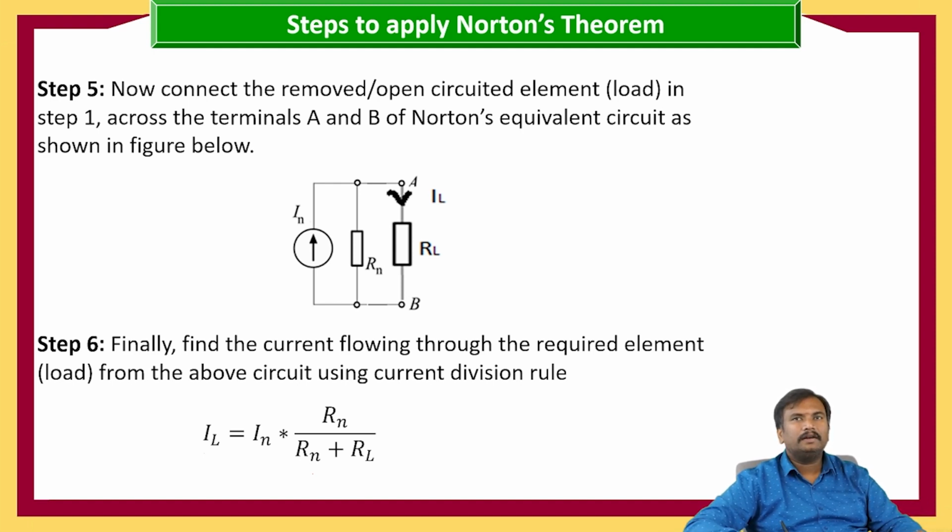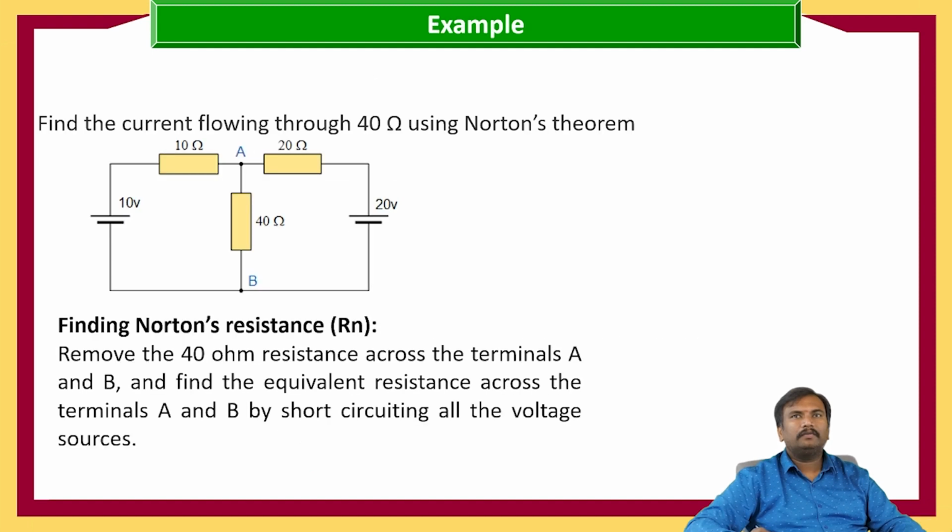Now we'll go with the example. Here we need to calculate the current flowing through the 40 ohm resistance using Norton's theorem.